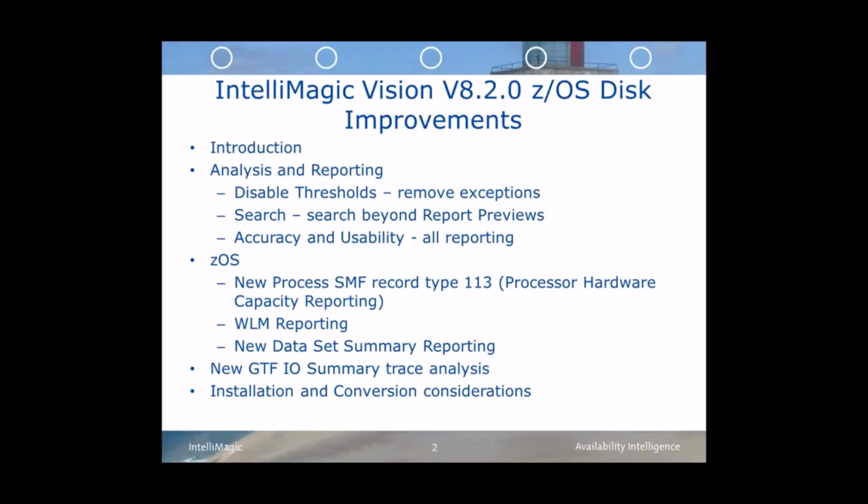And then specifically, I want to talk about some of the improvements we've made in the z/OS reporting, particularly in the areas of new processor SMF record type 113, new improved WLM reporting, and new dataset summary reporting. We'll then talk about some new GTF I/O summary trace analysis, and then we'll talk about some installation and conversion considerations.